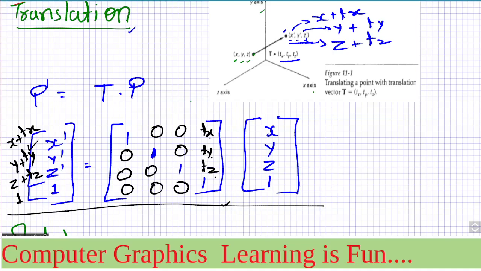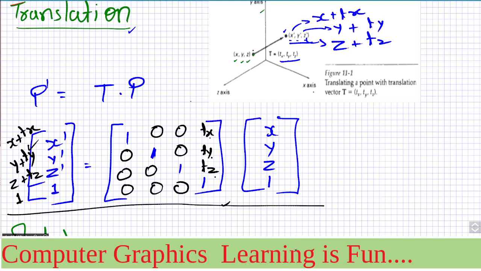So addition of some values will move the point in a particular direction to some other point. Now if you want to bring it back, you can definitely use the negative values of these tx, ty and tz. Then the position will come back to the original place.